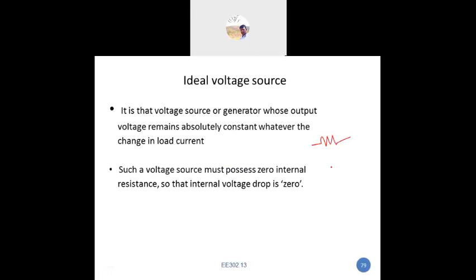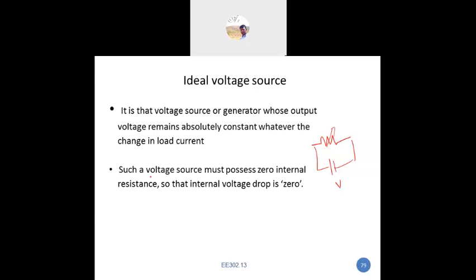If we increase the load current, the voltage of the source remains constant. That is the ideal voltage source.